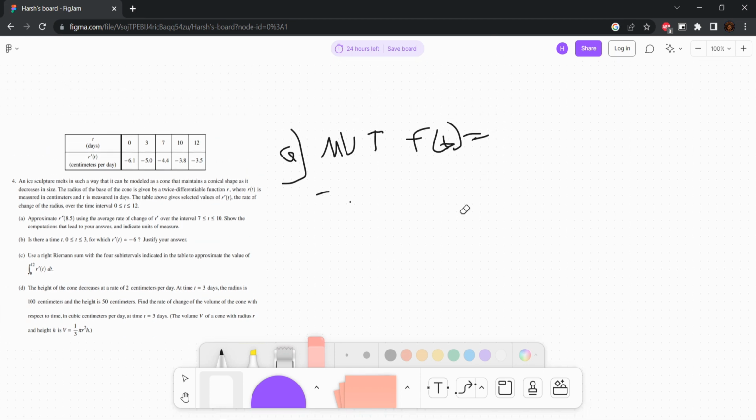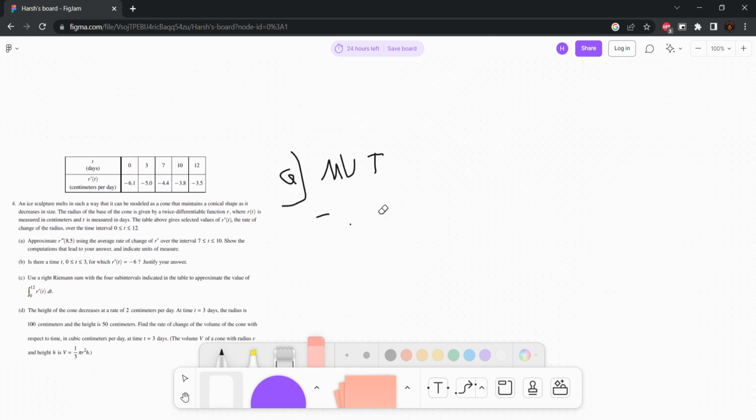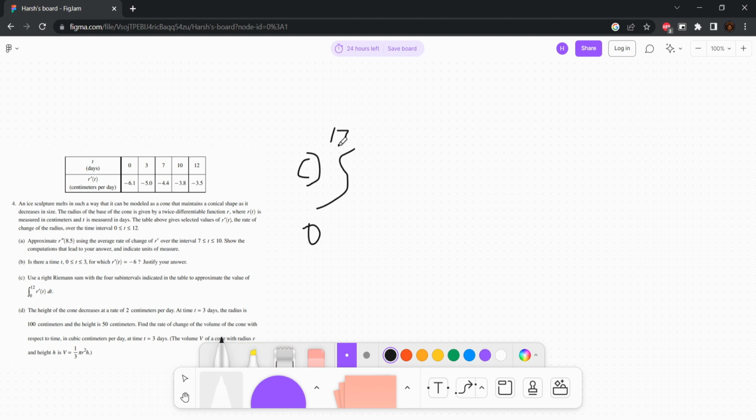So this is pretty easy, just make sure not to make any silly mistakes. So 0 to 12, the entire function r prime of t.